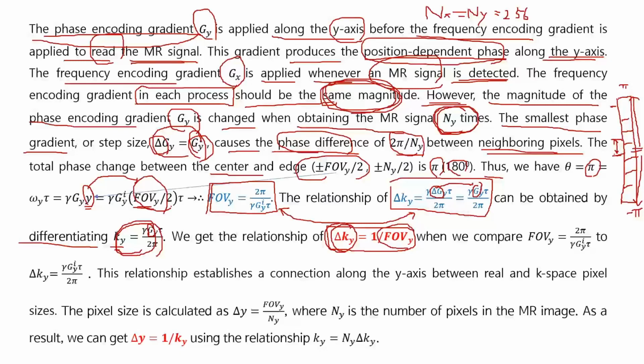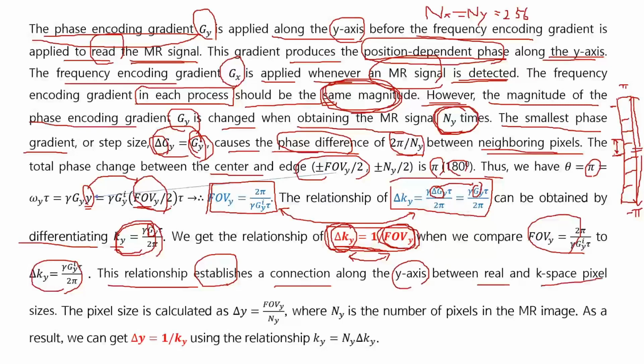The image size on the y direction is related by this relationship. So we compare this relation and this relation, and we can have these relationships. This relationship establishes a connection along the y-axis between real and k-space pixel size.